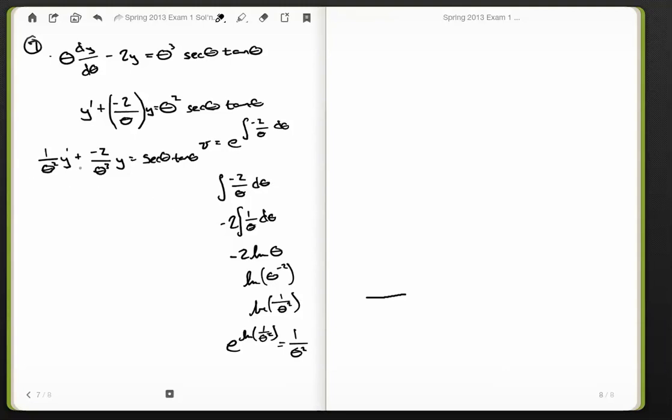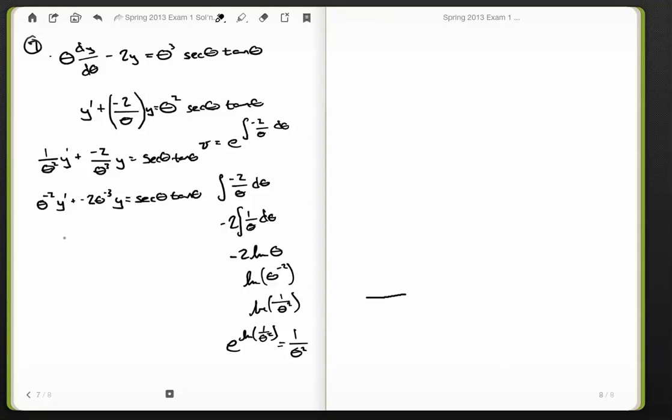Alright, this is not obvious, but 1 over theta squared is really theta to the negative 2. I'm going to write this as theta to the negative 2 y prime plus negative 2 theta to the negative 3 y equals secant theta tangent theta. Right, so this is first times the derivative of the second plus second times the derivative of the first.